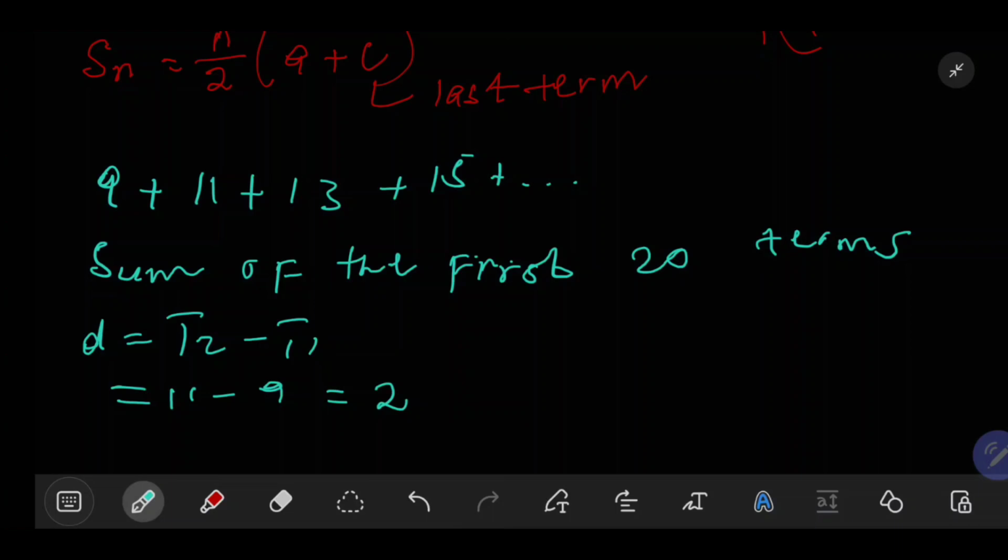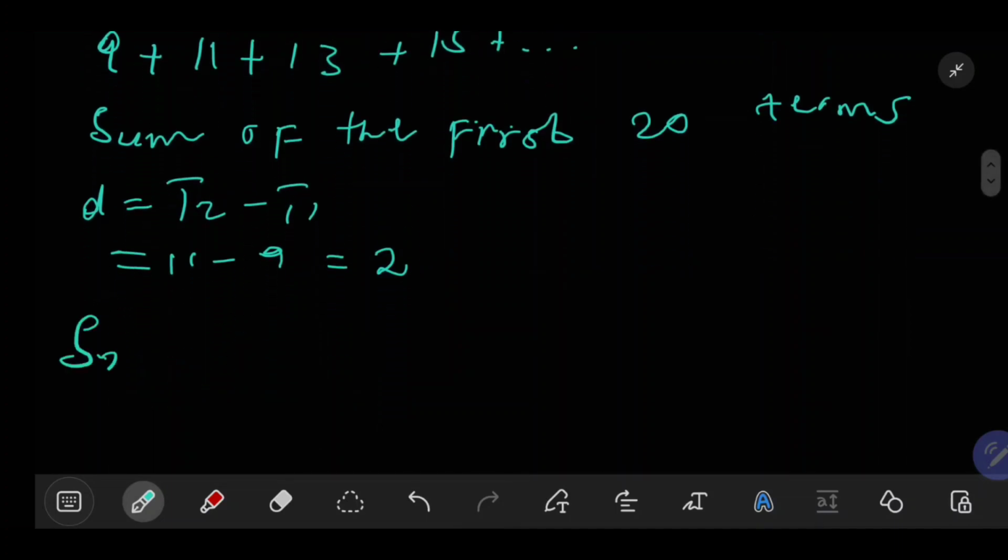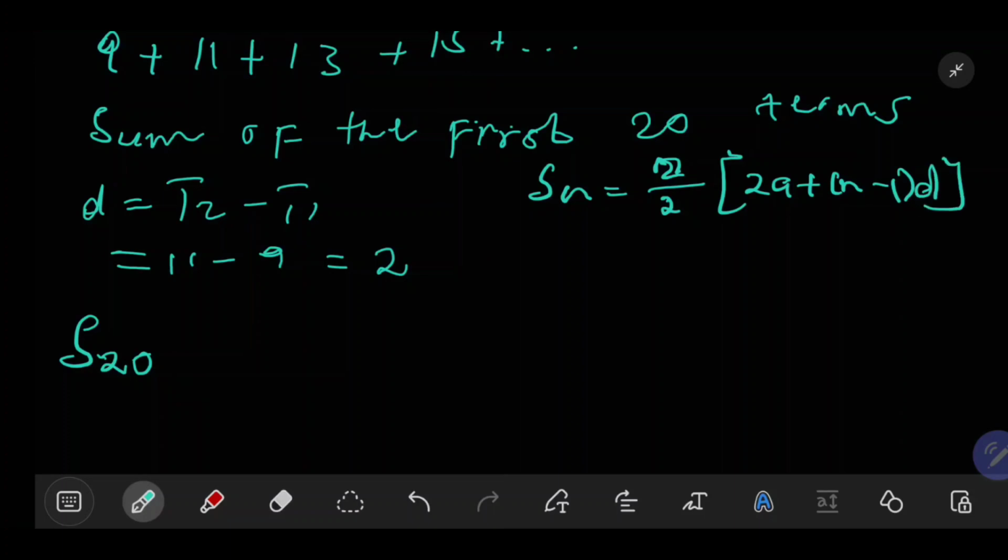Remember, we're calculating the sum of the first 20 terms, so we're looking for S20. Sn equals n over 2 into 2a plus n minus 1 d. This is the general rule for calculating the sum. Since we are looking for the first 20 terms, when we see n, we put 20.